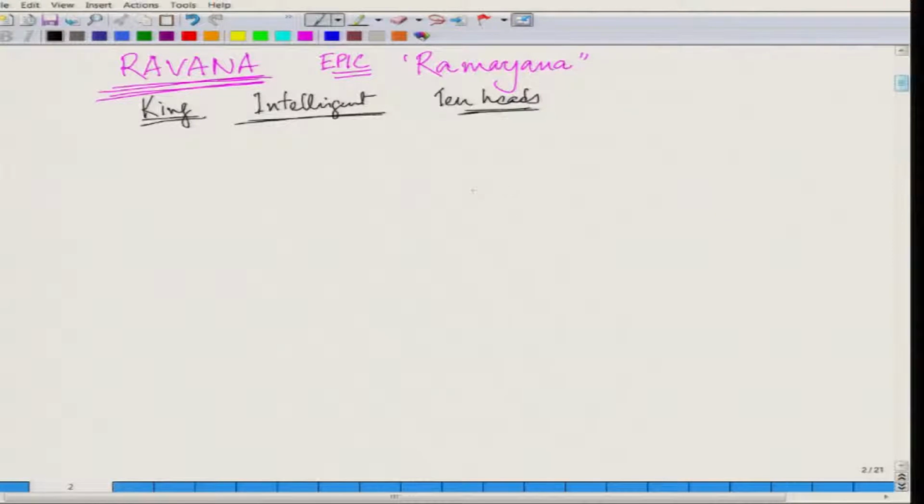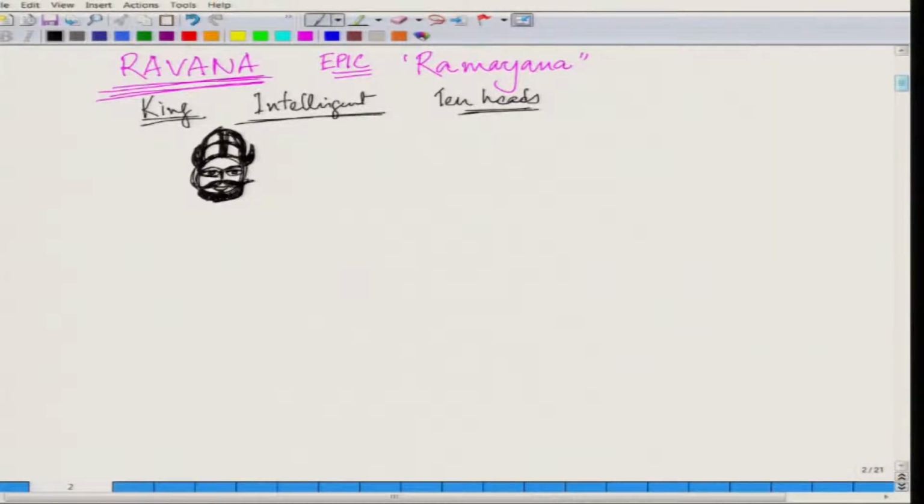Now, we see from different references that he has a central head and 9 more heads.